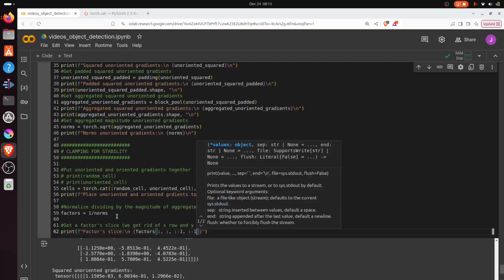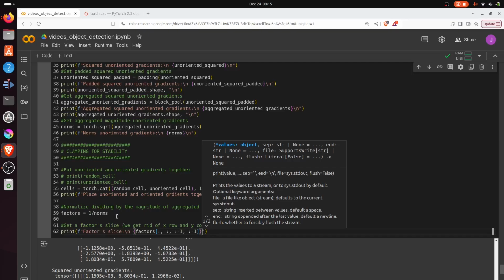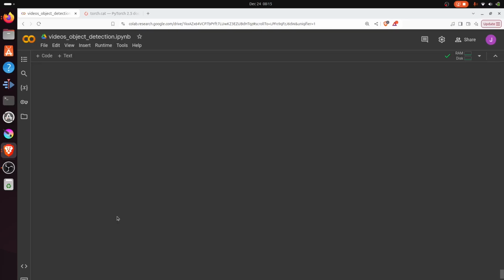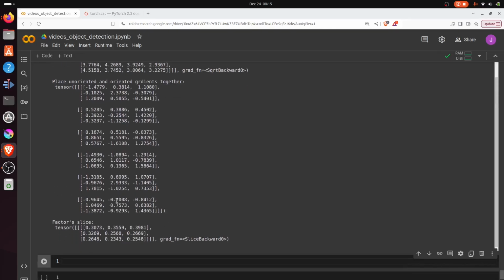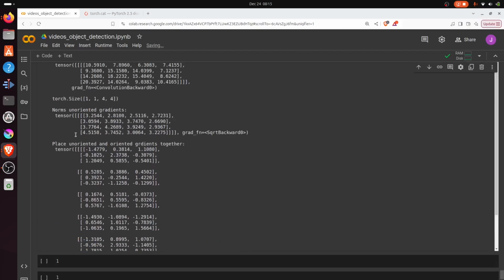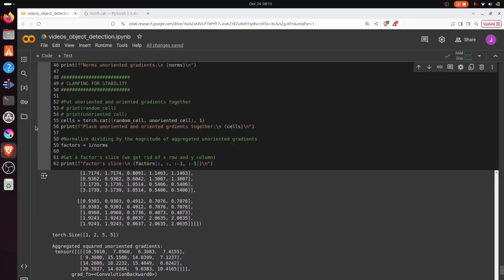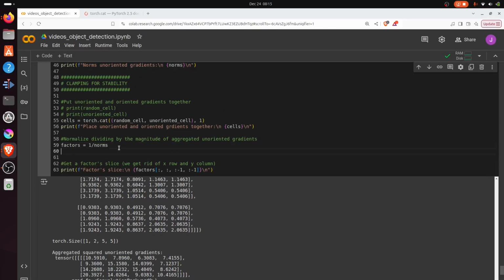Great, and let's visualize that. Okay, so what happened is that for the factors, because remember that, well, did we print factors actually? No, we didn't. So we also want to print the factors so we can compare the normalization factors.